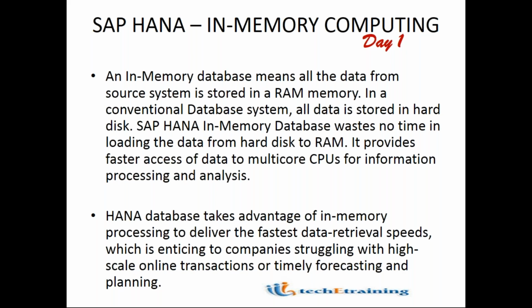It provides much faster access to the data because of multi-core. The HANA database takes advantage of in-memory processing to deliver the fastest data services and the fastest data retrieval speeds.